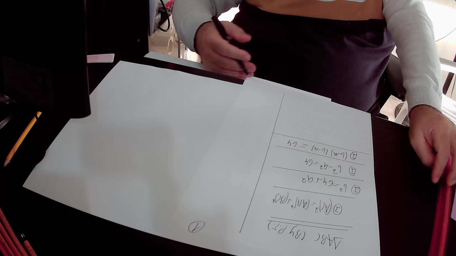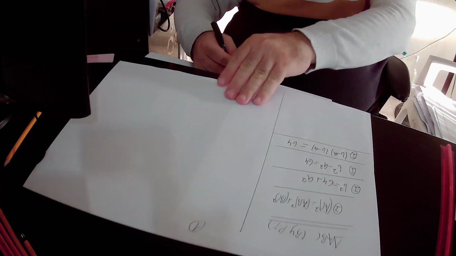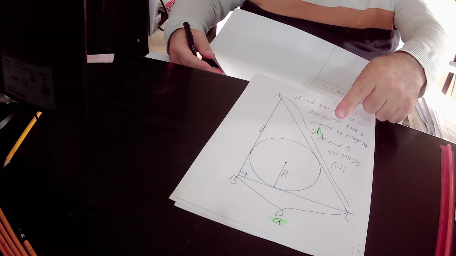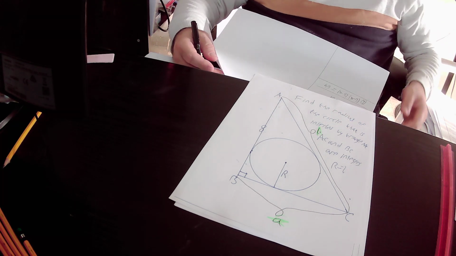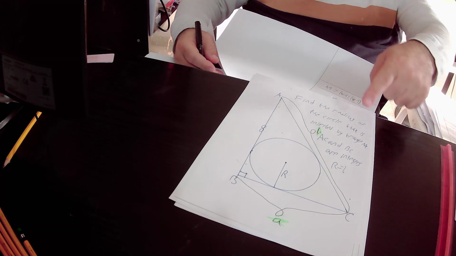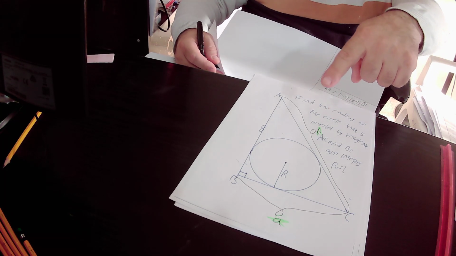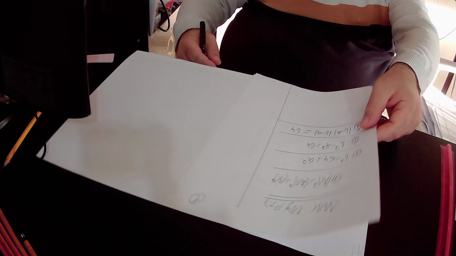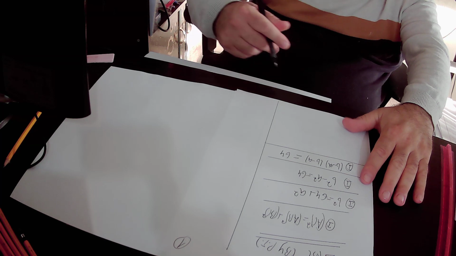According to what is given in the question, AC and BC are integers, but AC equals B and BC equals A, it means that A and B are integers.